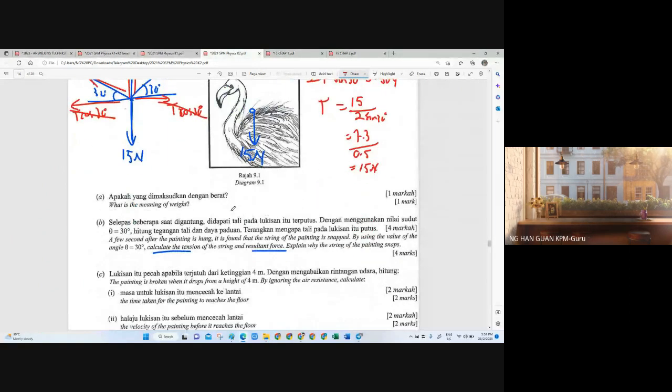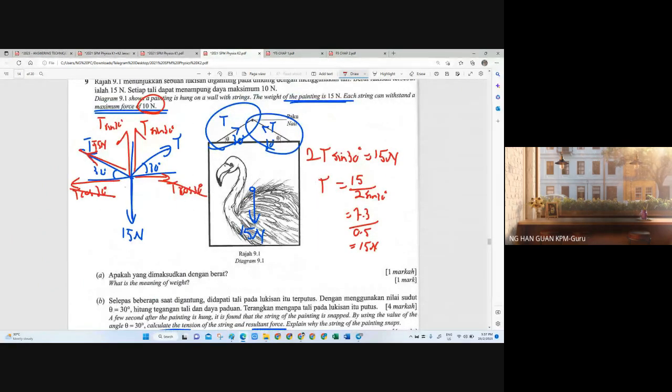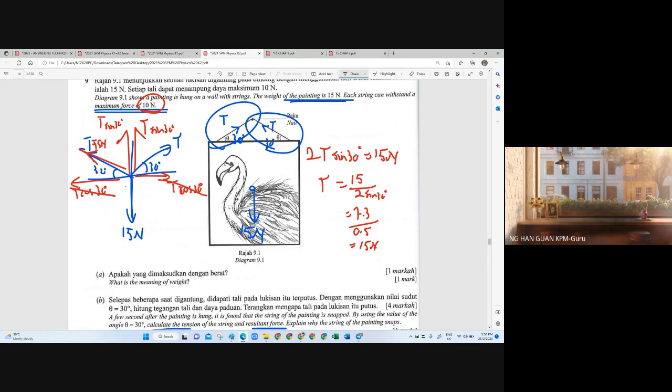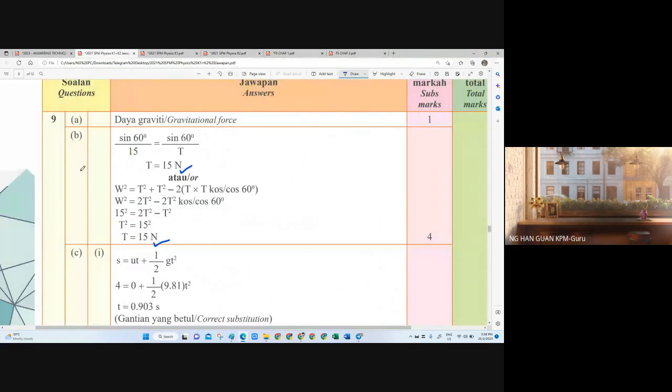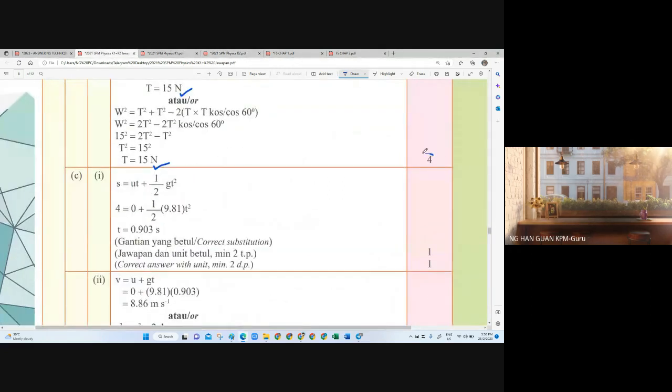The explanation should say that the tension of 50 Newton exceeds the maximum force of 10 Newton that can be supported by the string, due to the resultant force of 5 Newton. So that's why the 5 Newton will cause the string to snap. It should have an explanation, but the answer given has no explanation, and that's why I mentioned 4 marks.